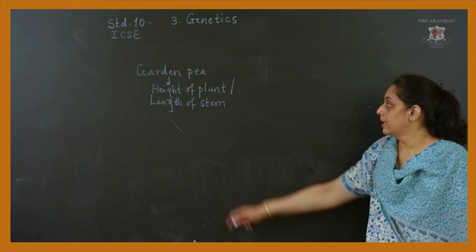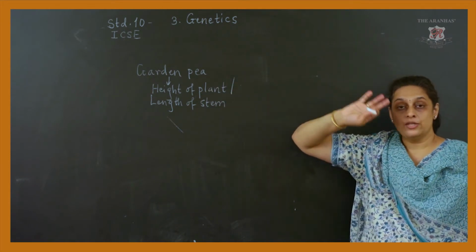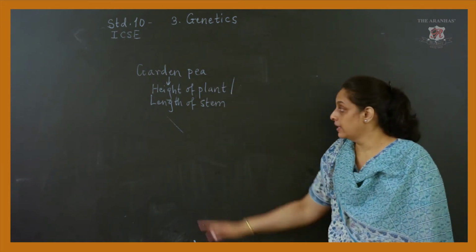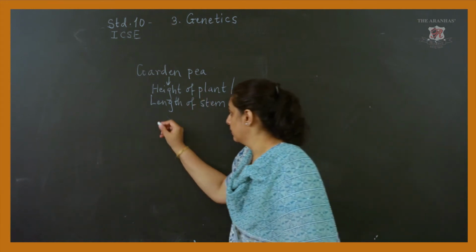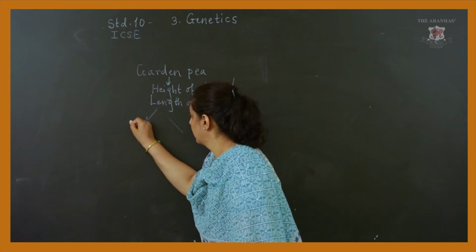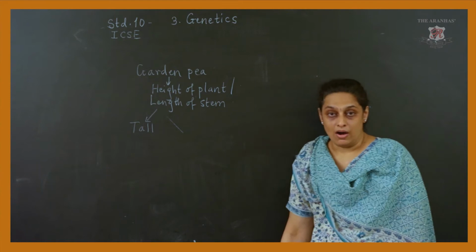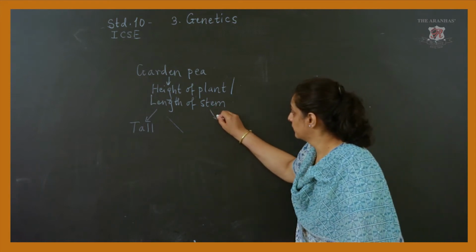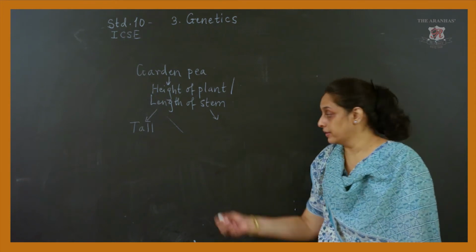In garden pea, the situation is either plant will be tall or, what is opposite of tall? Short.